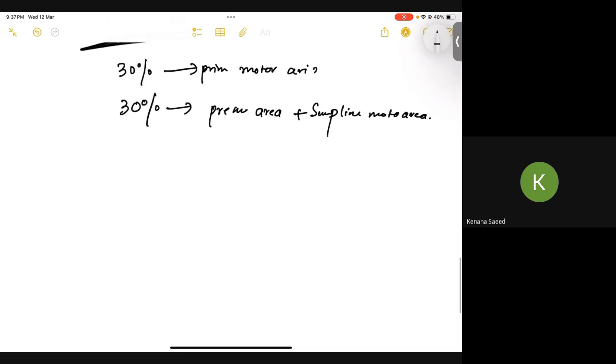Yes. Okay, and the remaining 40% of the fibers come from sensory cortex, remember, right? We need that sensory component. Why? Because based on these sensory signals, we are going to initiate a motor response. Does that make sense? Yes. Okay, perfect.